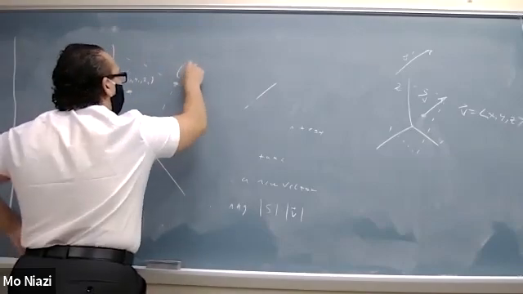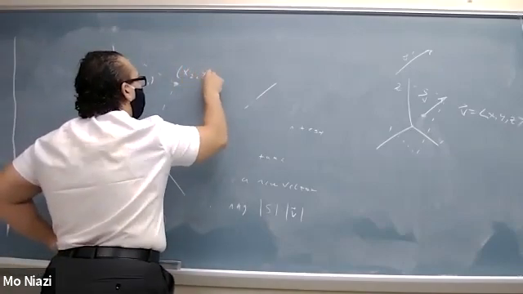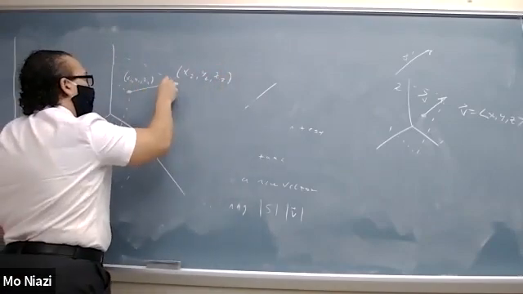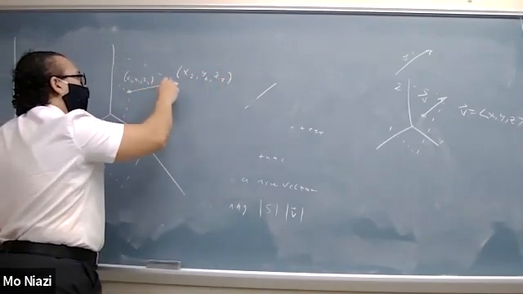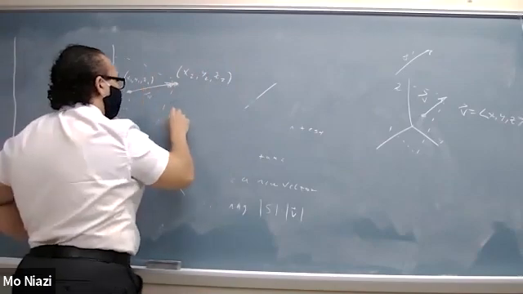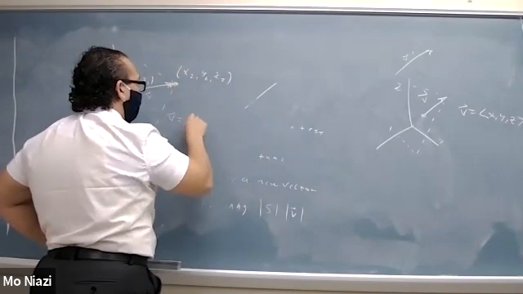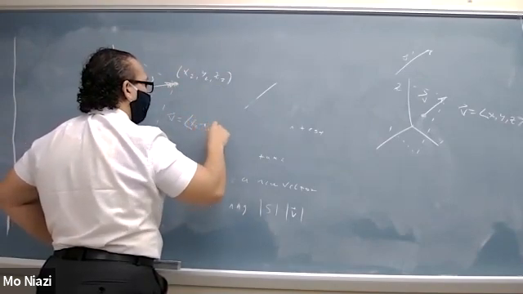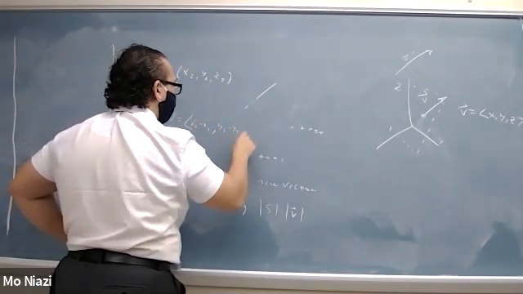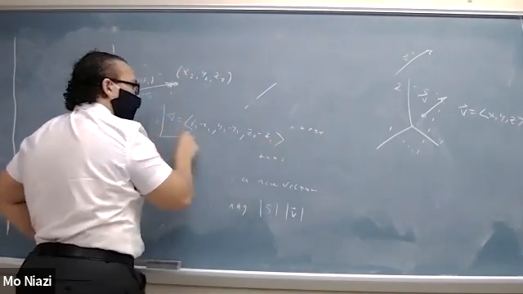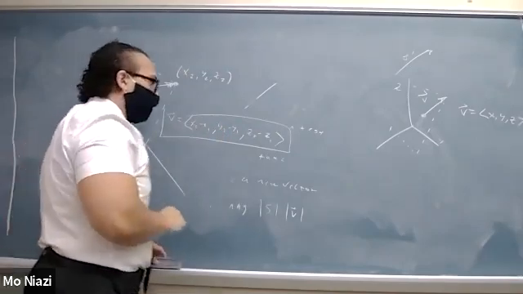This is some point x2, y2, z2. I can create a vector from here to here, a vector v, and v would just be defined as in the two-dimensional analog: x2 minus x1, y2 minus y1, z2 minus z1. So now you can create a displacement vector that way.